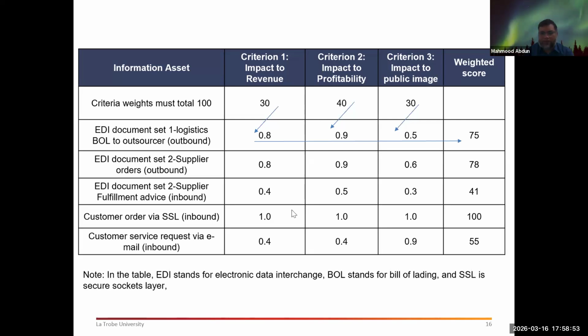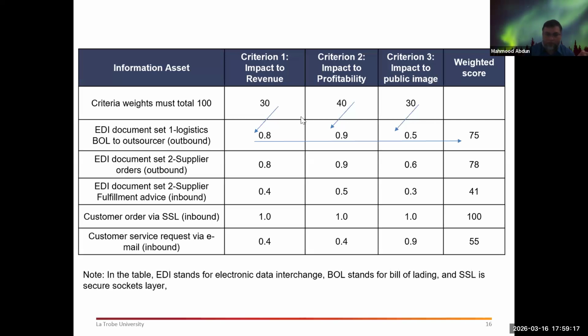What we do is identify some criteria. The criteria could be impact to revenue, impact to profitability, impact to public image, or in your case, it could be the CIA triad: confidentiality, integrity, and availability. Or you can add a few more criteria as you wish, whichever fit the objectives of that company.